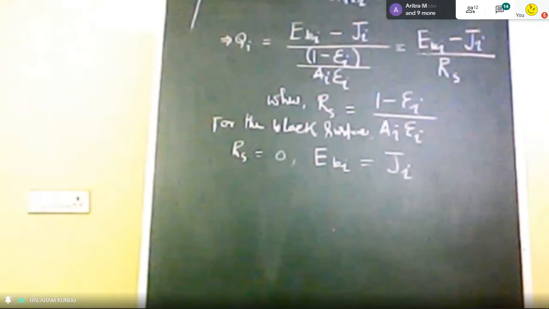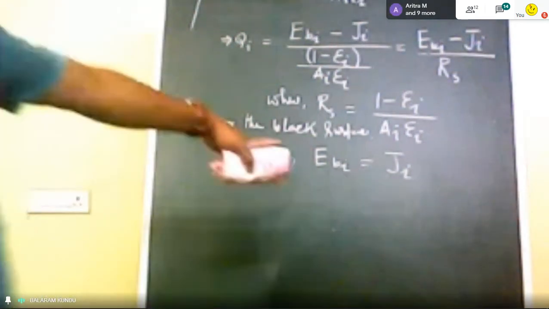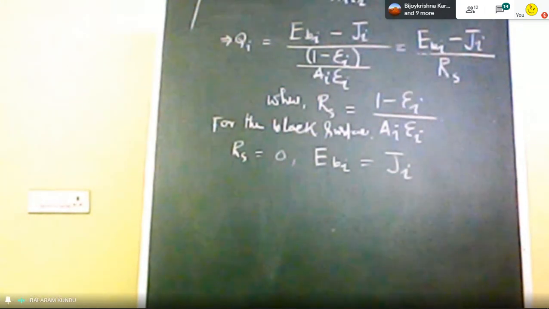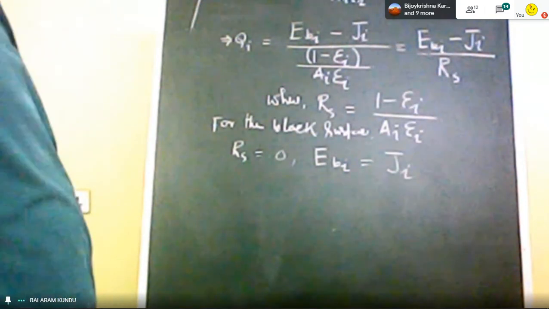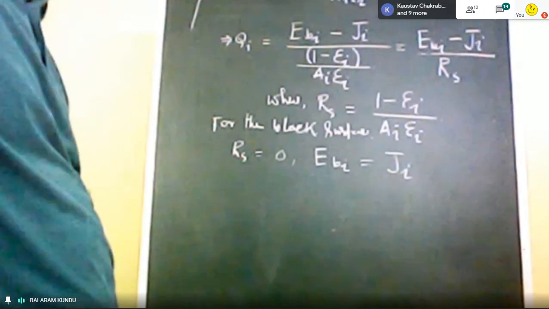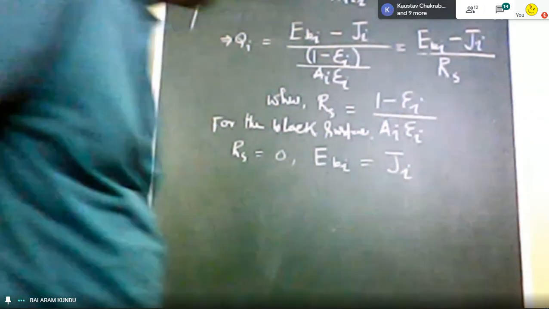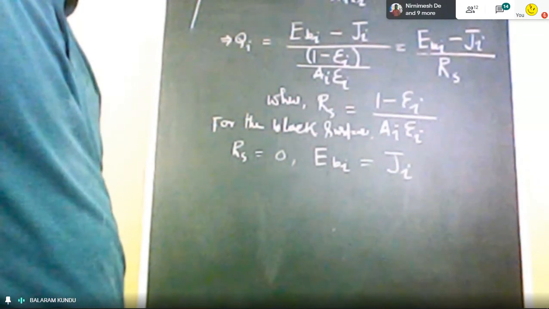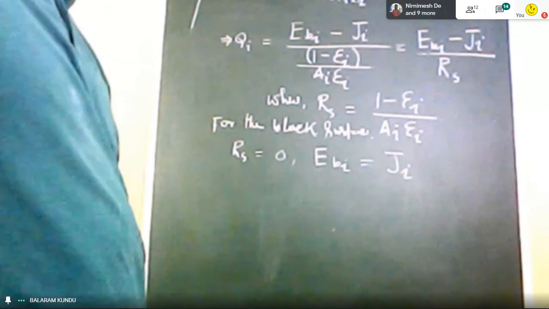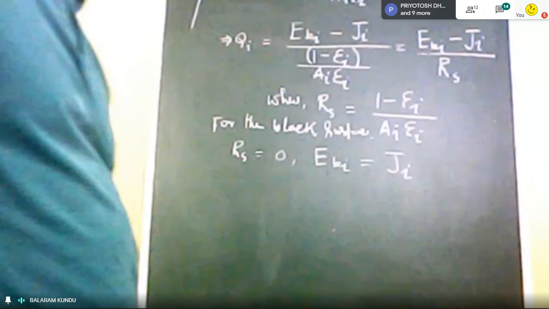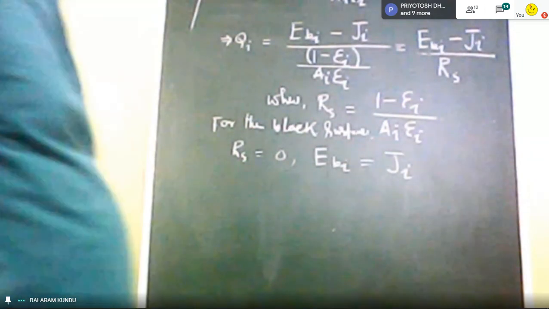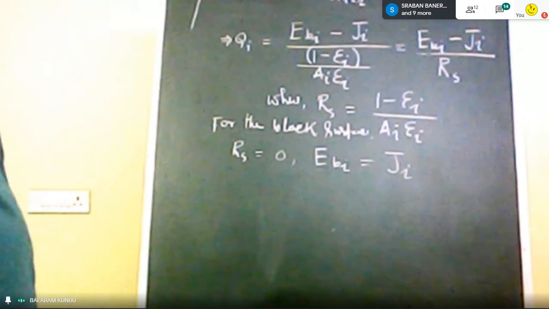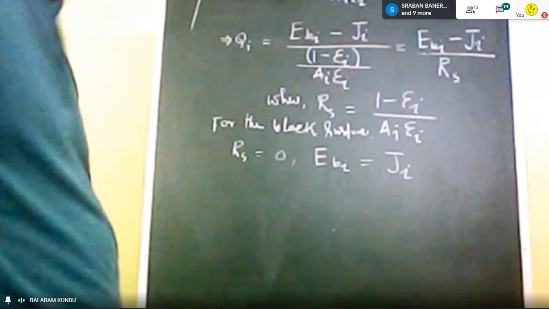For the black surface, we can write that the emissive power of a black body should be equal to the radiosity of that body, that means Ebi equals Ji, because there is no thermal or surface resistance for a black body since emissivity equals 1. For a real body, emissivity is less than 1, so surface resistance is there.